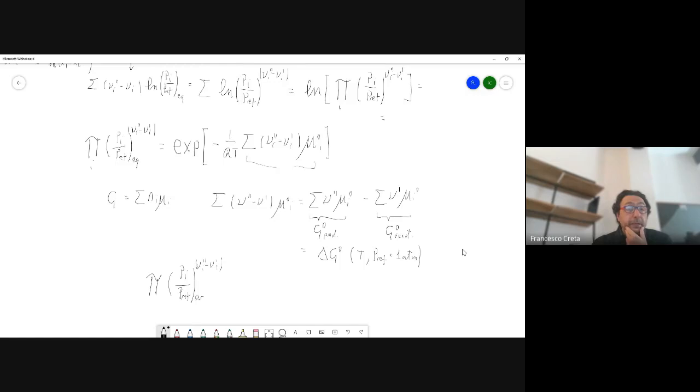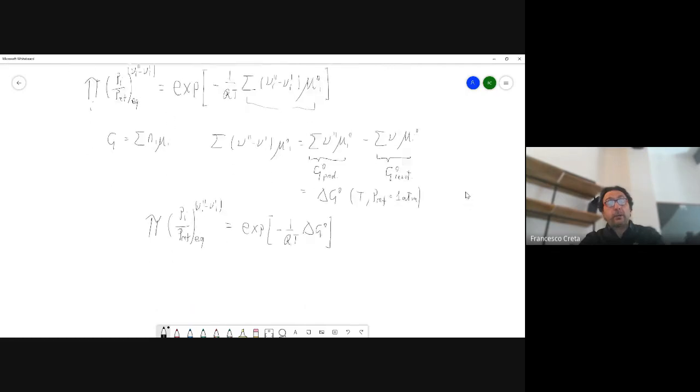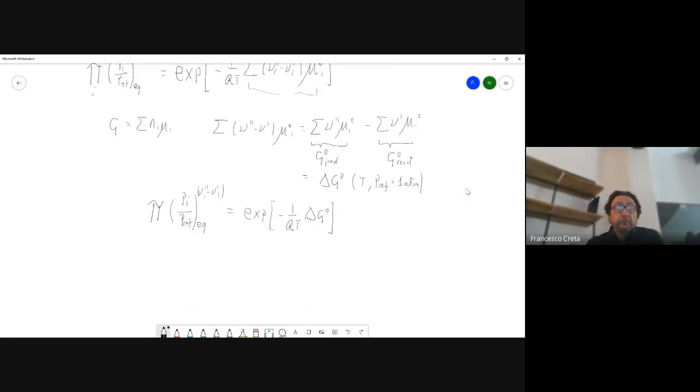This is clearly the composition at equilibrium, okay, is equal to the exponential at this point of a very much simpler expression, because we have 1 over RT times delta G0. Okay, and this quantity here is what we refer to as the equilibrium constant.